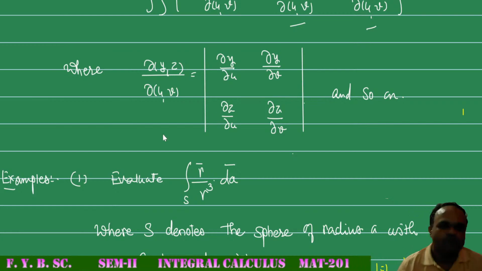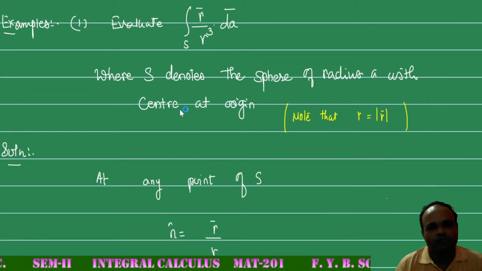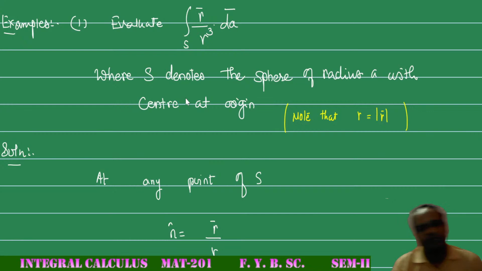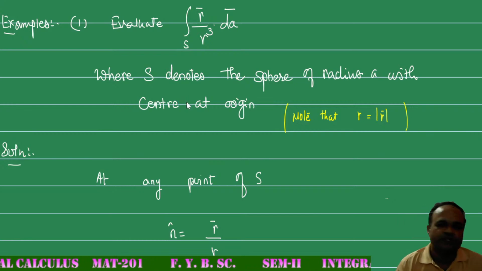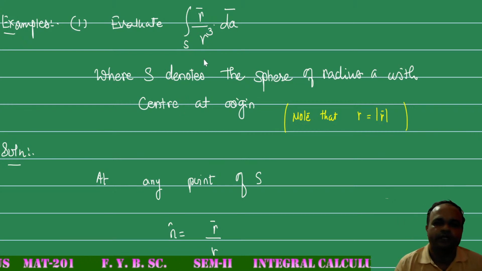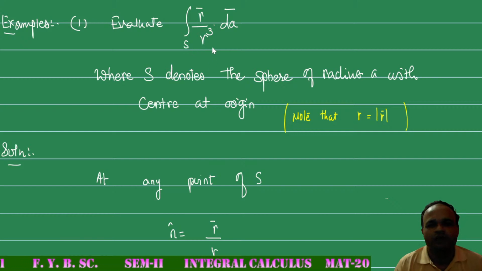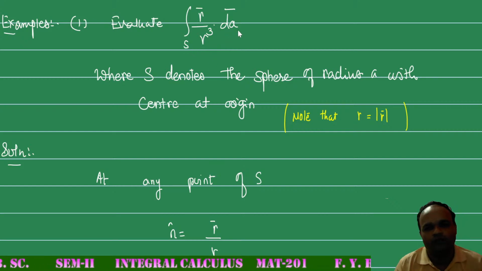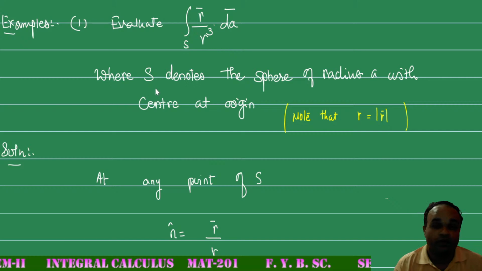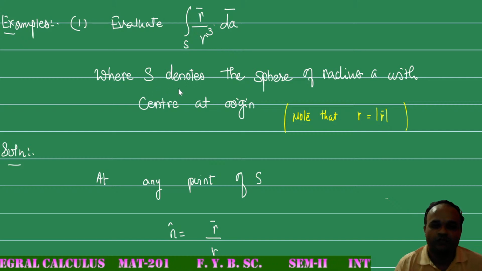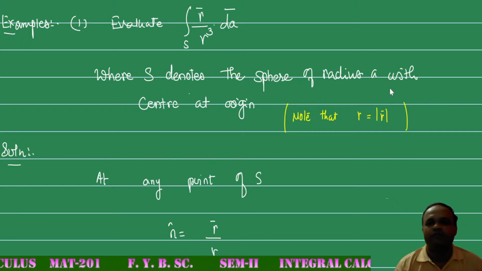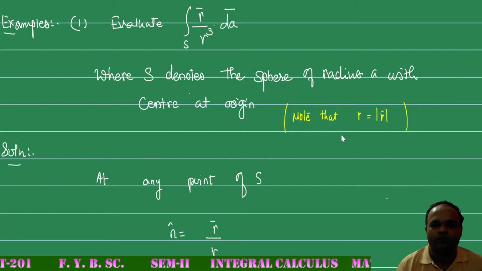Again, we'll solve some illustrative examples on surface integral. First, evaluate the surface integral of r bar divided by r cube dot d A bar over a surface S. Here surface S denotes the sphere of radius a with center at the origin.